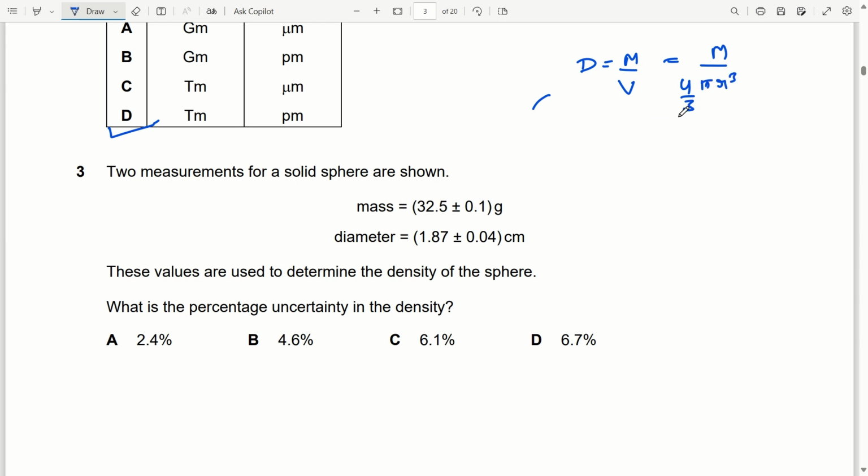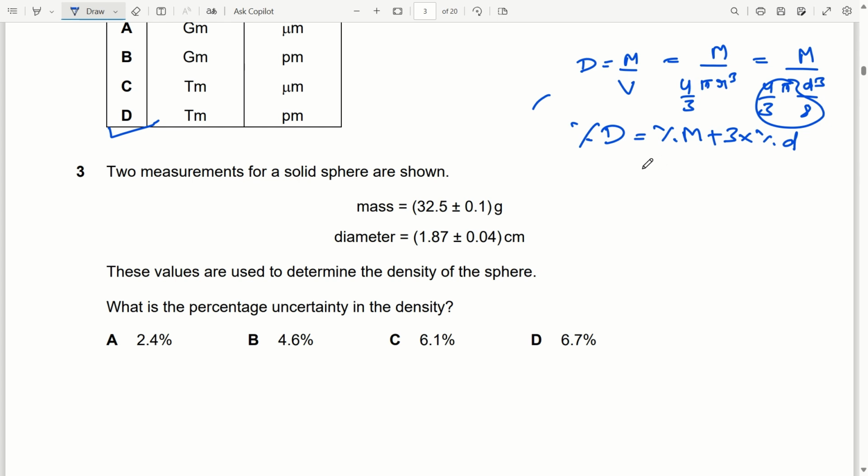But here diameter is given, so in terms of diameter, radius equals d by 2, so it will become d cube by 8. All this is constant, so the percentage uncertainty in density will be the percentage uncertainty in mass plus, since it is d cube, you have to multiply with the power, so 3 into the percentage uncertainty in d.